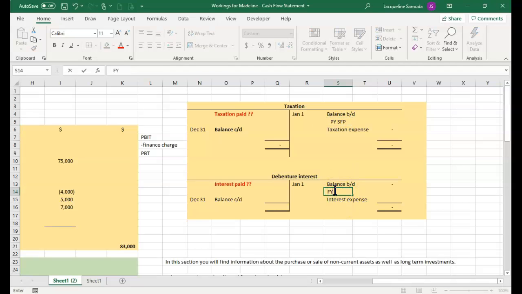And we find them under the current liabilities. So when I go to the current liability section, I see where the taxation payable was at the start of the year. Let me change this to taxation payable, so it'll be easier for you to reference it.